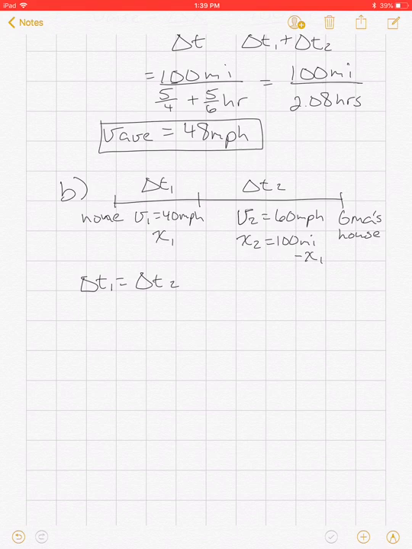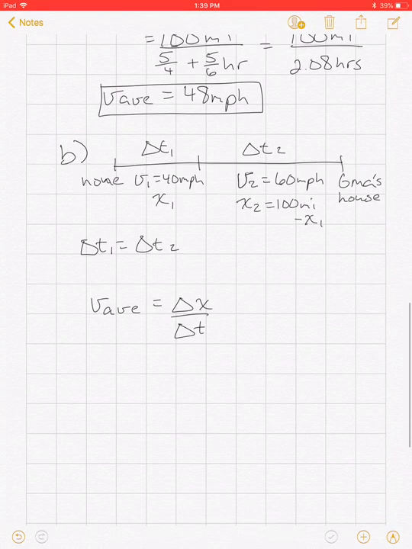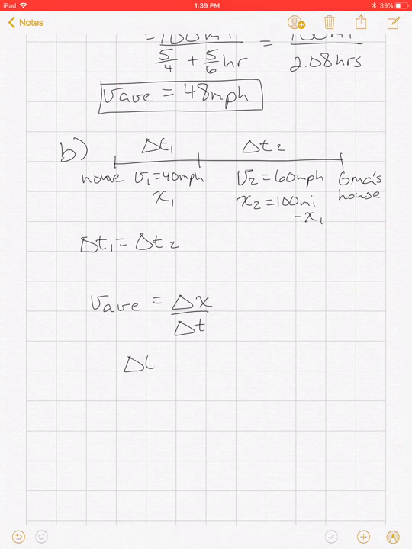So we're going to use our average velocity equation again, and we know that this is equal to change in distance over the change in time, right? But when we're looking at this, we also know that the times for each leg are equal. So if we rearrange this equation for delta t like we did above, we're going to have delta t is equal to delta x over v.